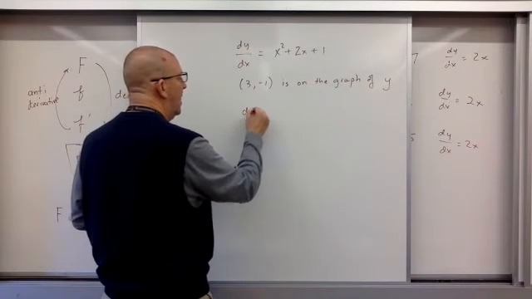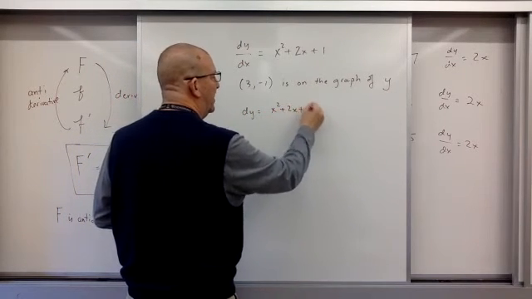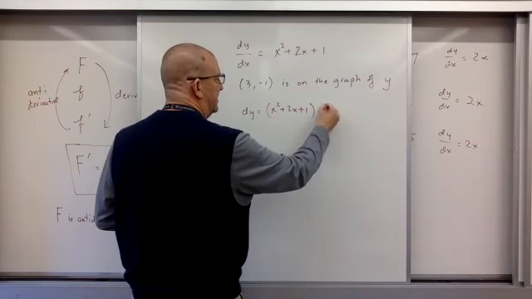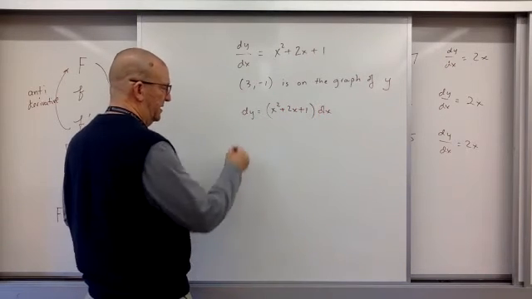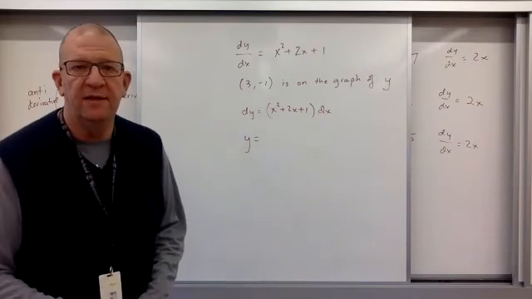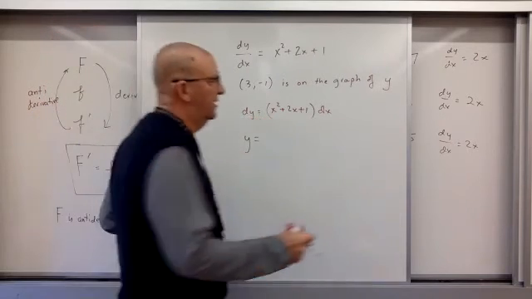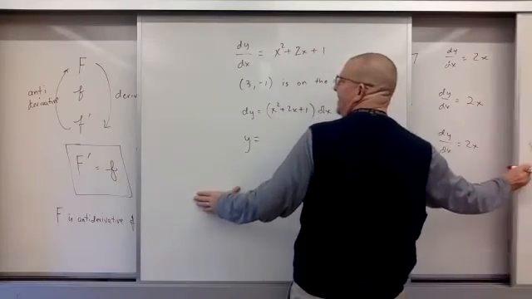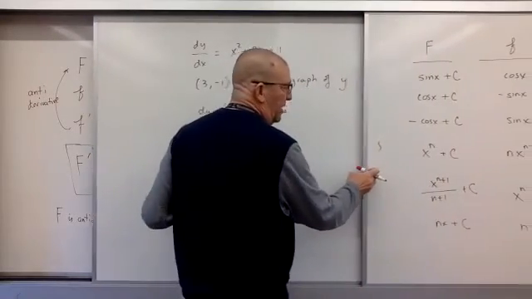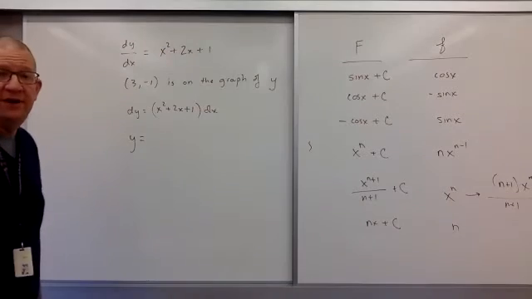Okay, so let's do this problem. So we know that dy dx is x squared plus 2x plus 1. All right, and then let's just go piecemeal. What is the function whose derivative is x squared? Now, the nice thing about this is we can keep this little formula right at our fingertips.